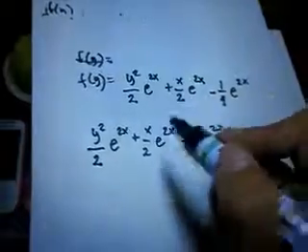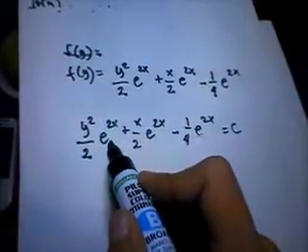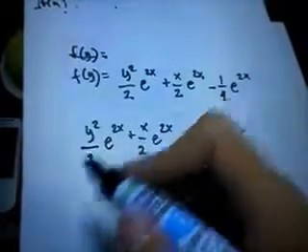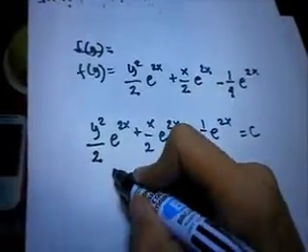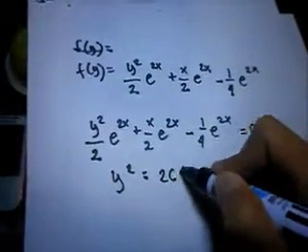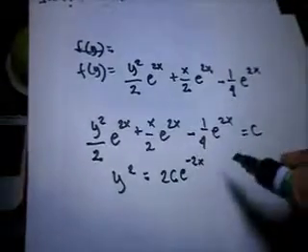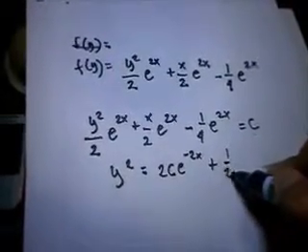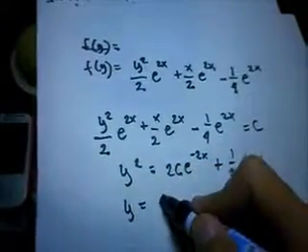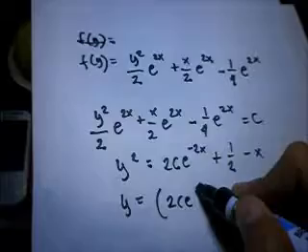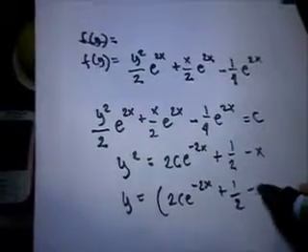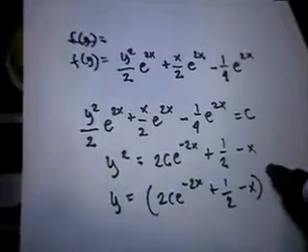And if we manipulate this equation in terms of x or in terms of y, we get this equation: y squared is equal to 2c e to the negative 2x plus 1/2 minus x, and we have y equal to 2c e to the negative 2x plus 1/2 minus x raised to the 1/2.